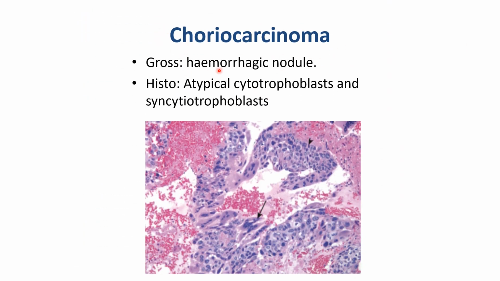And then in terms of choriocarcinoma, it will present as a hemorrhagic nodule or mass, and histologically the main salient feature is the presence of atypical cytotrophoblast, which is here, and also syncytial trophoblast, which is the largest cells here, which show these aggregates of nuclei within the tumor.